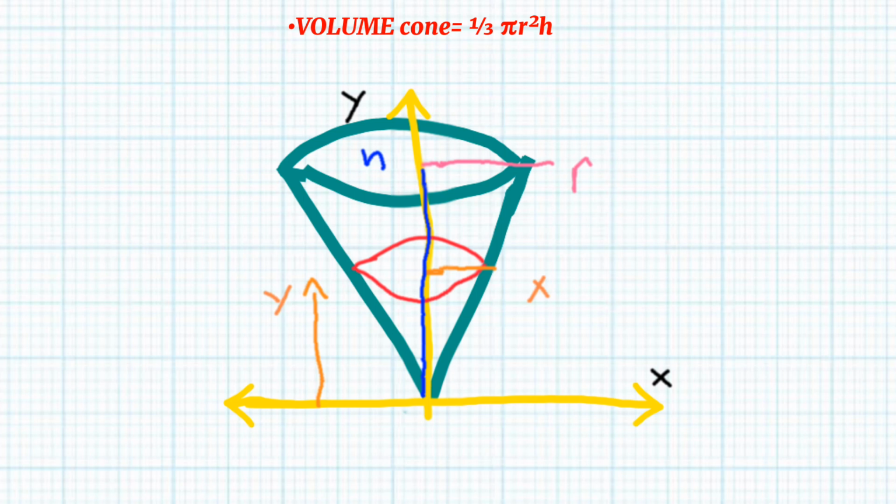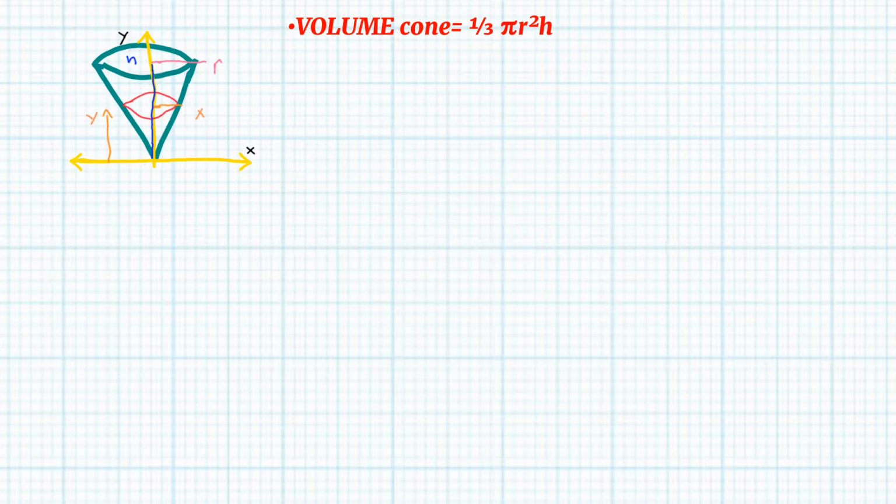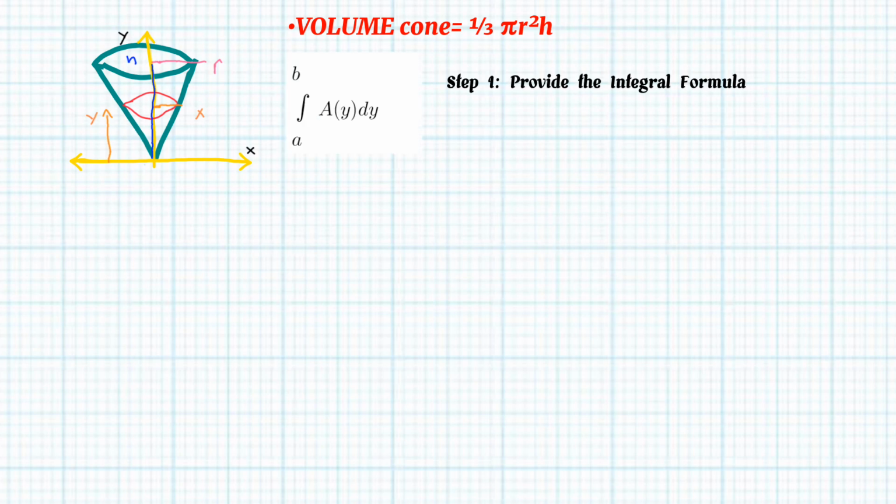Now we're going to prove the formula of the volume of the cone, which is one third pi r squared times height. By using integral calculus, we can prove this formula. In order to find the volume of any shape, we need this formula: the integral from a to b of A of y, dy.